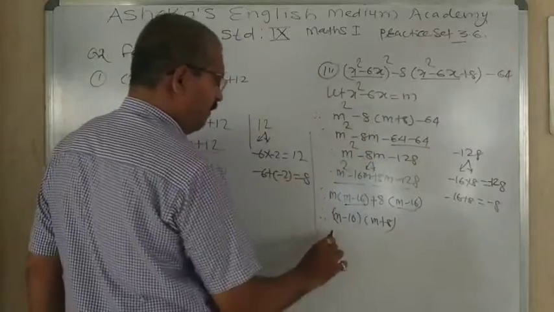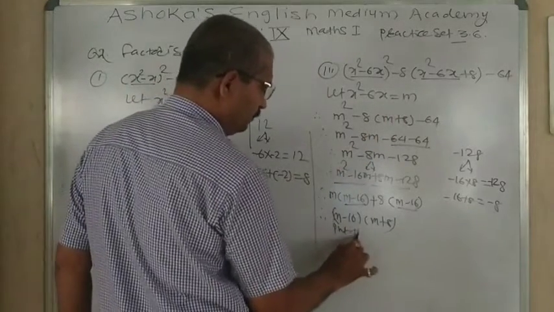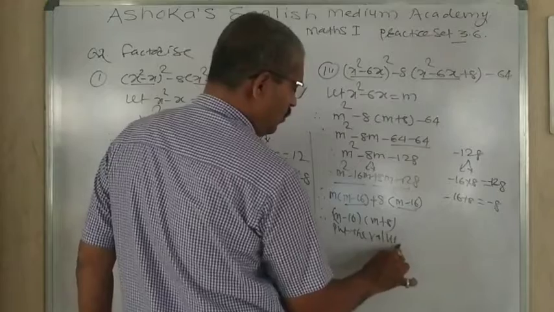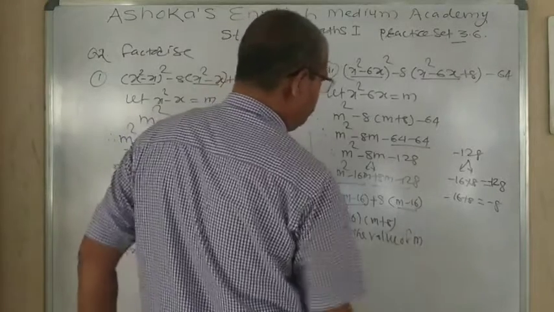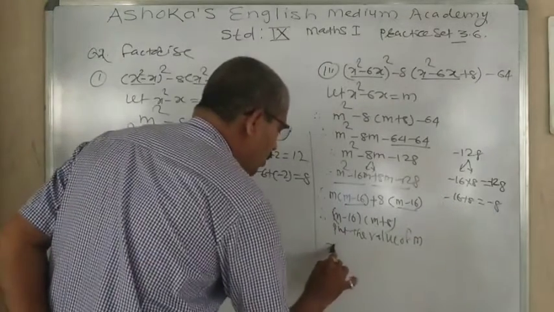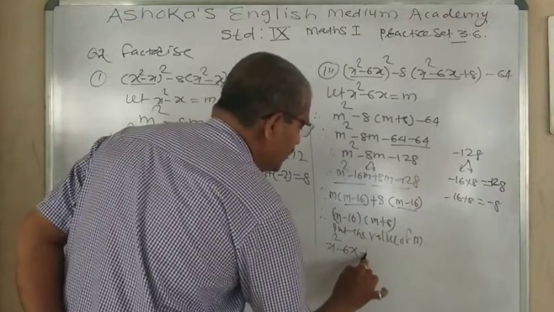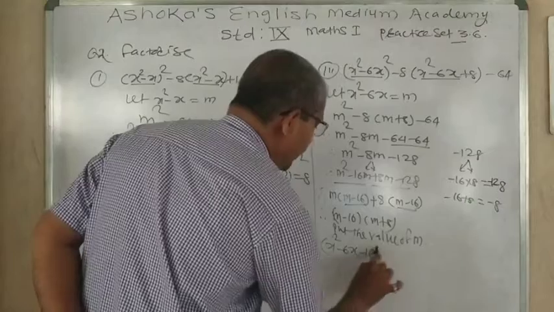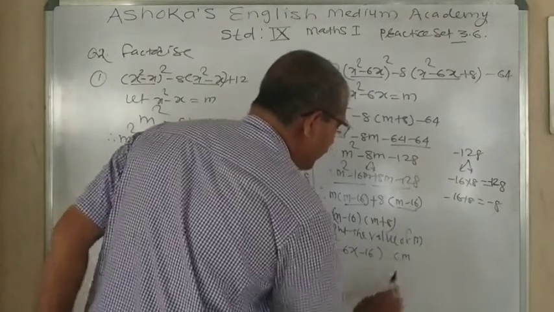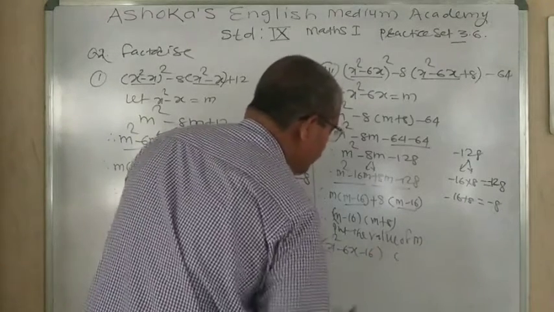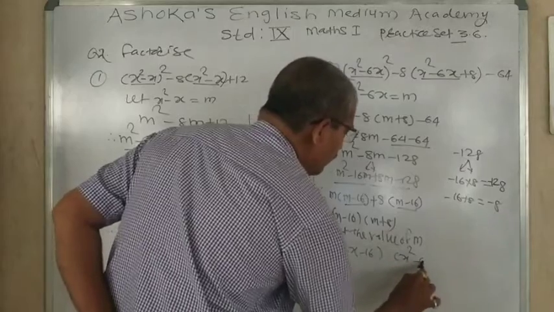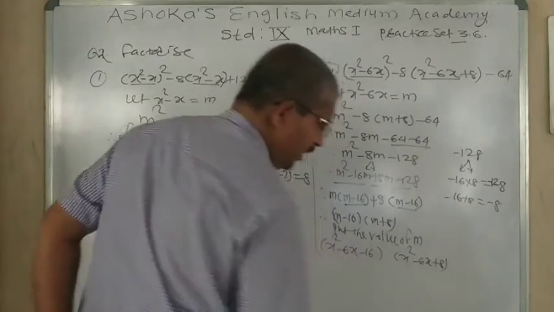But what is meant by put the value? Put the value of m. M means x square minus 6x minus 16 in one bracket, and in another bracket, m means x square minus 6x plus 8.